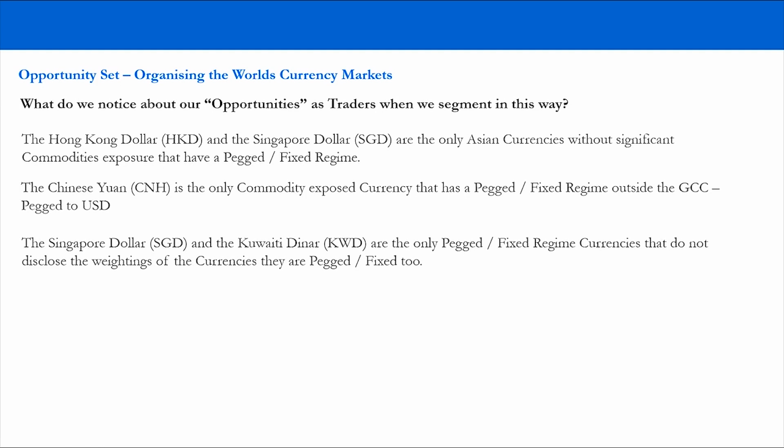The Chinese yuan is the only commodity exposed currency that has a pegged or fixed regime outside the GCC, and that's pegged to the US dollar. And the Sing dollar and the Kuwaiti dinar are the only pegged or fixed regime currencies that don't disclose the weightings of the currencies they are pegged or fixed to.